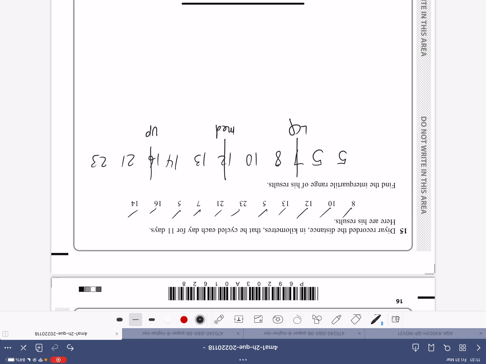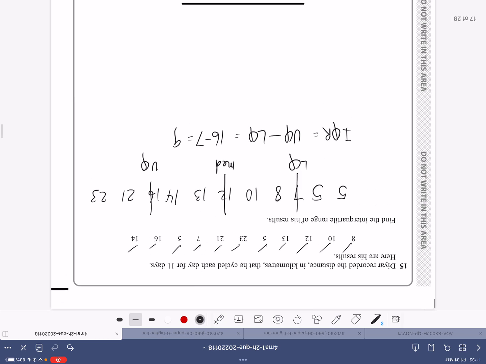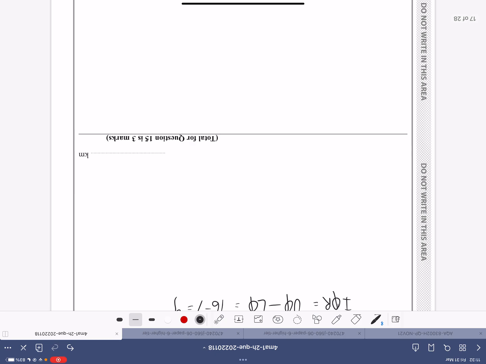That's the upper quartile. So they're nicely spread out. So the interquartile range is the upper quartile take away the lower quartile, 16 take away 7, which is 9, and it's 9 kilometres.